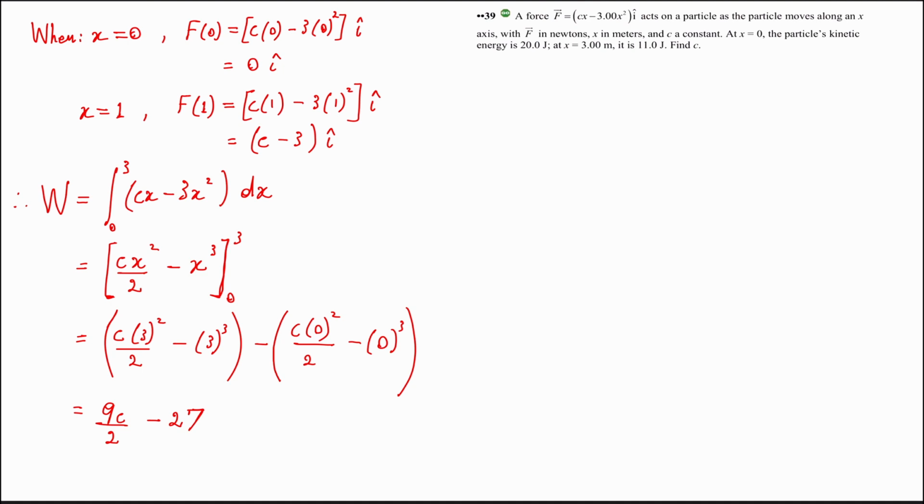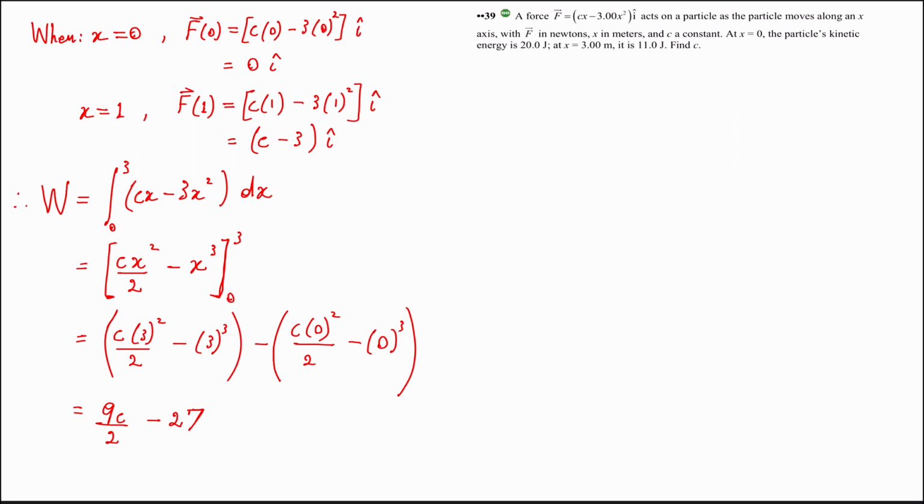Let's consider, what is this force when x equals 0? When x equals 0, we substitute x equals 0 in the formula of this force. Actually, this should be like that. That's a mistake on my side. So when we calculate the force when the particle is located at x equals 0, notice this suggests to us that the force is also 0.